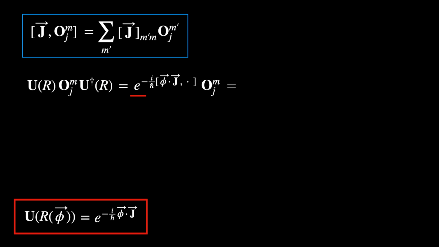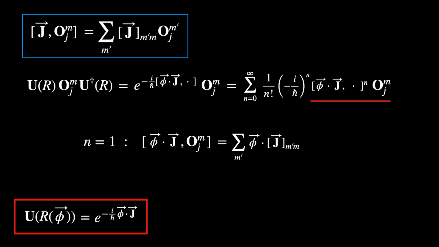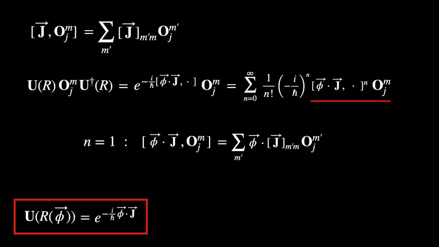We now go through a few of these terms, and you will immediately be able to see the general pattern that emerges. First, for n equals 0, this is the case with no commutator, just OJM. Next is n equals 1, with one commutator. We can evaluate this directly using the commutation relation in the blue box.